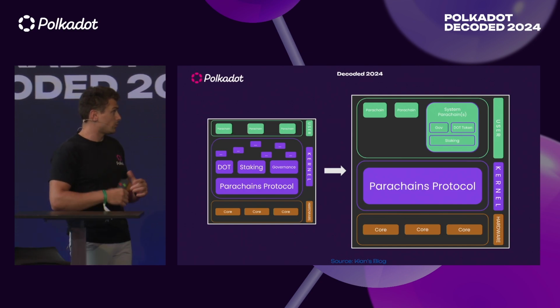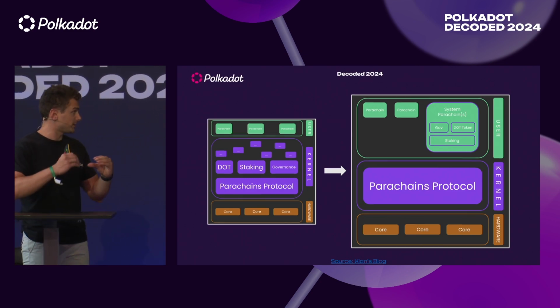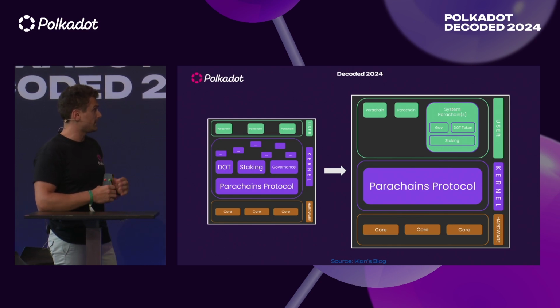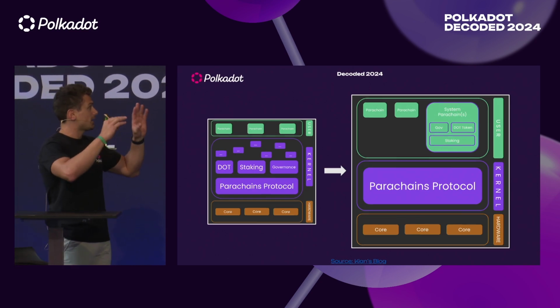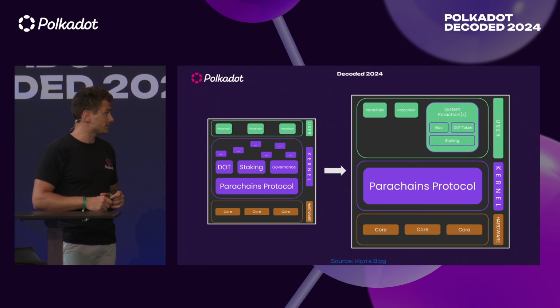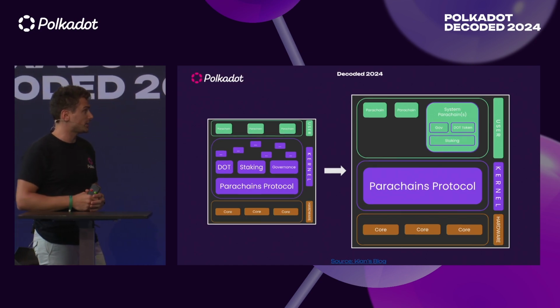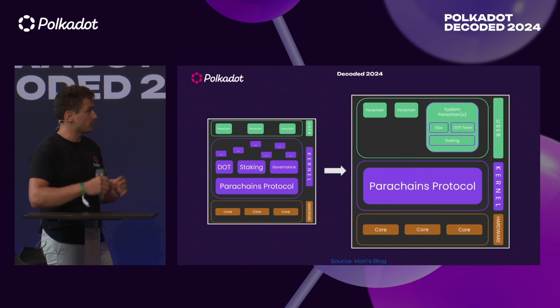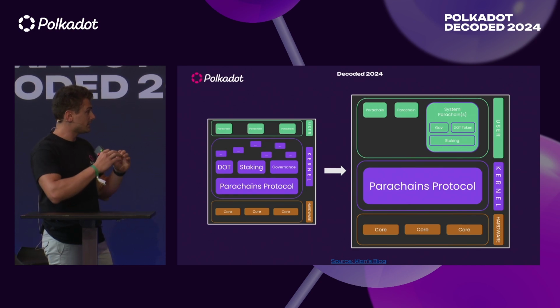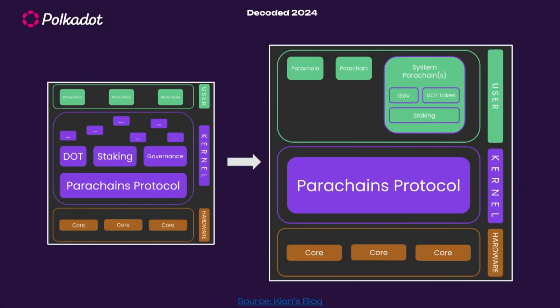So the next step, or what is already ongoing, is to shrink this kernel from having DOT and staking and all this stuff, moving it away to system chains, and we will just have the parachains protocol within the kernel. You can see how the resource of computation, which are these cores, stay constant. Polkadot is not changing. It's not that we are changing everything. The CPU, the computation, the way things are, the networking and all this very low-level stuff will stay more or less the same.